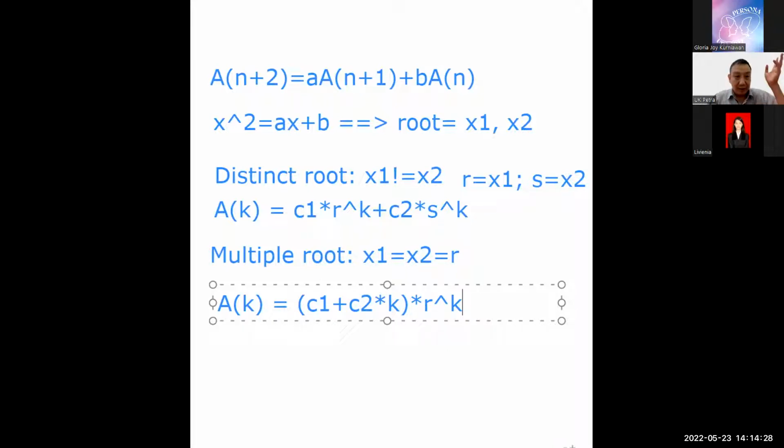Is this clear? Distinct root: x1 is not equal to x2. Multiple root: x1 equal to x2. This is like the summary. With this you can solve any second order problem.